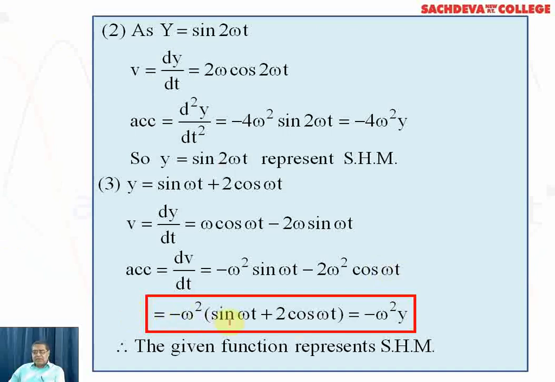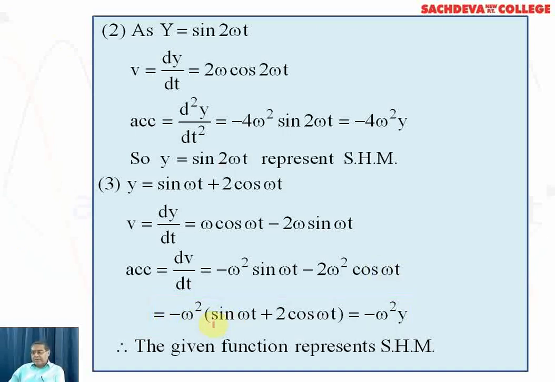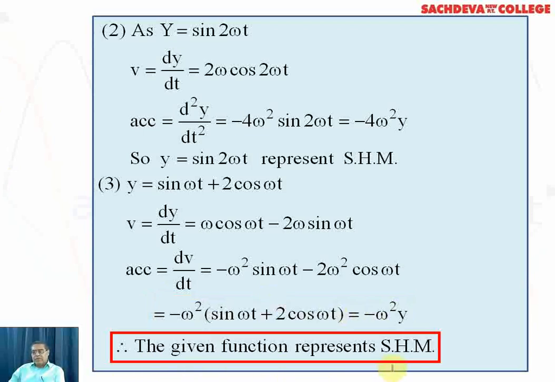So our net function will become minus omega square y. Again, acceleration is calculated as minus omega square y, and that is the important characterization of SHM. Therefore, the third function is a function of SHM.